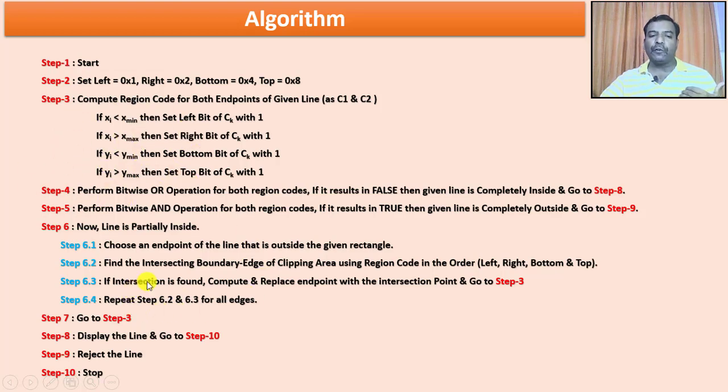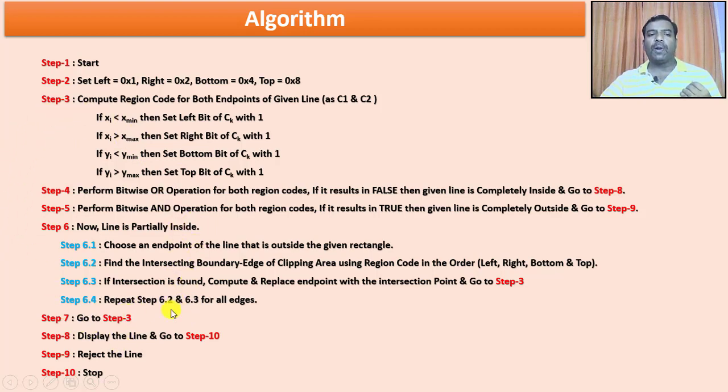And if I don't find an intersection at the left, we repeat it for the right. If I don't find the intersection, repeat it for the bottom. If I don't find the intersection, repeat it for the top. At any one boundary, I should be able to find the intersection. If there was no intersection, then this would never have been the case 3. Fine. This is how we recompute.